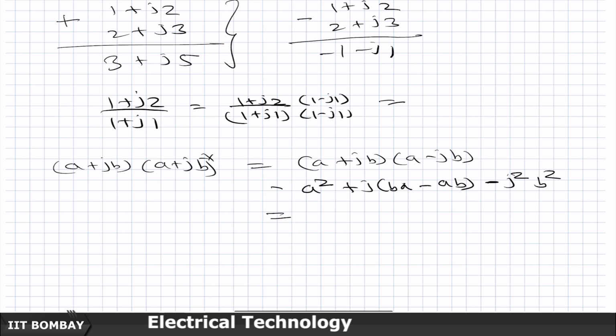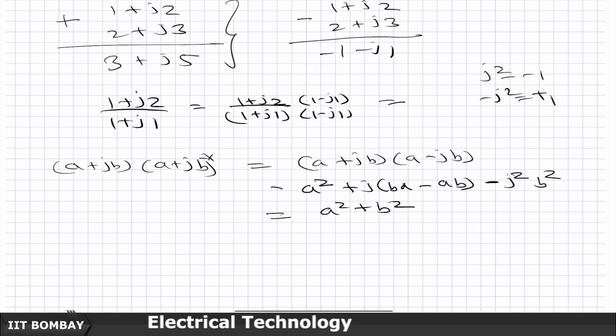Because real number multiplication commutes, b a is equal to a b, so this term goes to 0, and since j square is minus 1, minus j square is going to be plus 1, j being the square root of minus 1. So, this will become a square plus b square.